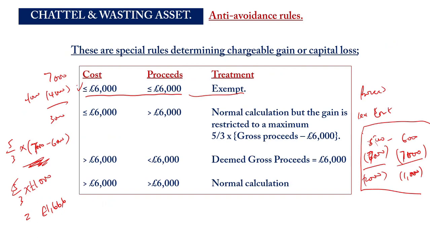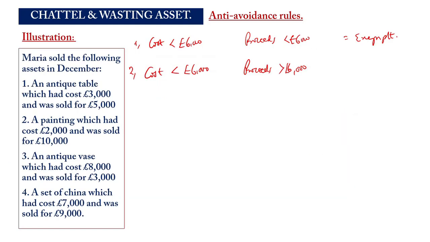We're doing a normal calculation, but we restrict it to 5/3 of the gross less 6,000. So 5 over 3 times 10,000 less 6,000.